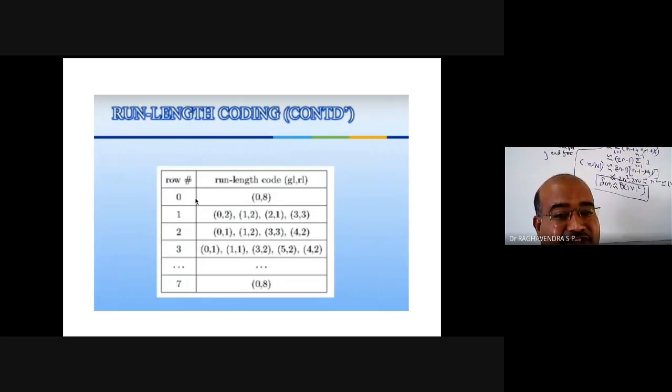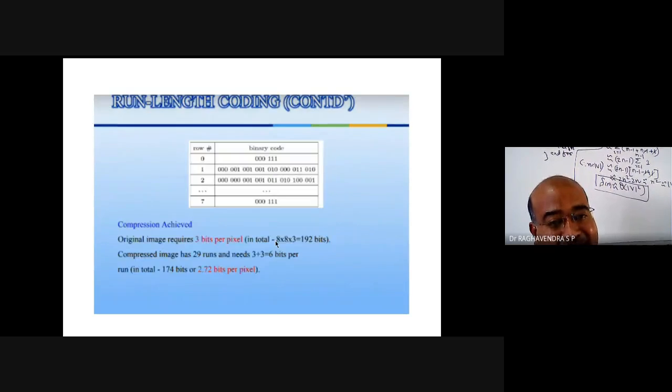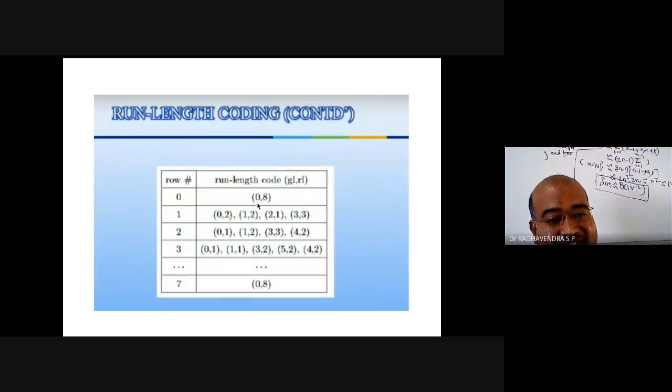Still you can continue. If you consider this a decimal representation and convert it into binary representation, it becomes binary length coding. Like first row 0, 0, 0, 1, 1, 1. This 0 and 8 will be taken as 1 because here 7 will be taken as the 8th row.